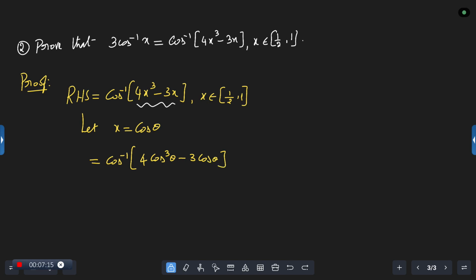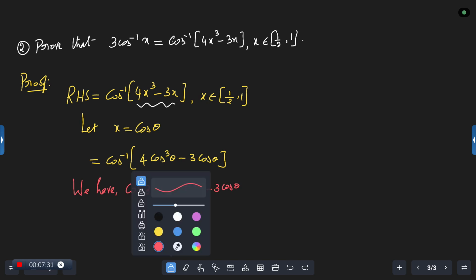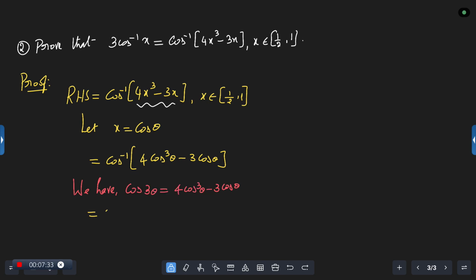This is an identity, correct? We have the identity cos 3 theta equals 4 cos cube theta minus 3 cos theta. Replace the value here: cos inverse of cos 3 theta.